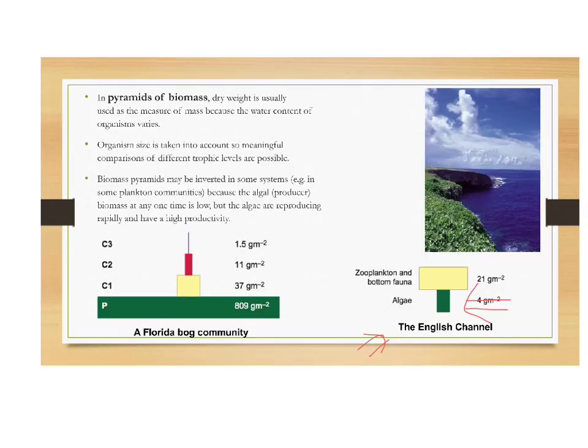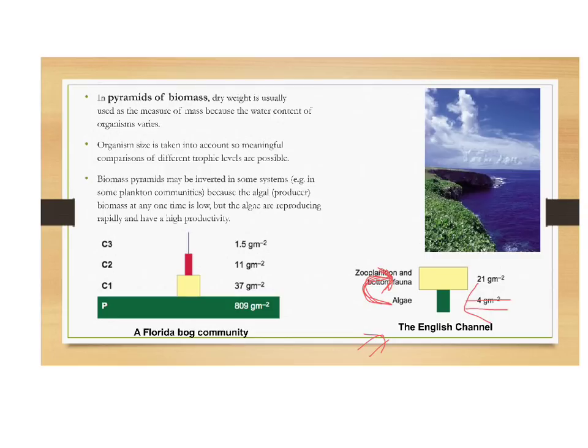So the algae in the English Channel, these phytoplankton, they're tiny. These guys are little teeny tiny things. And so their biomass is going to be low, but they reproduce rapidly. So these algae can support a larger number of consumers because their reproduction rate is so high, even though their biomass is low.